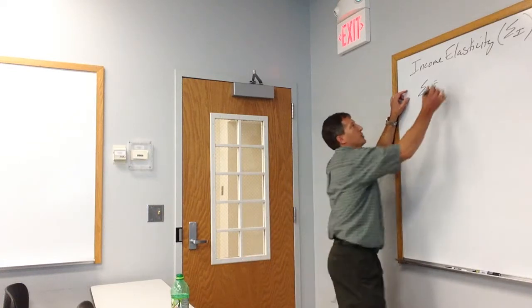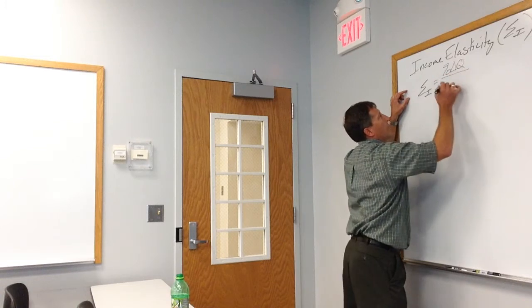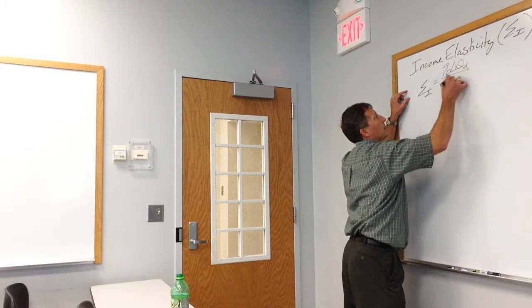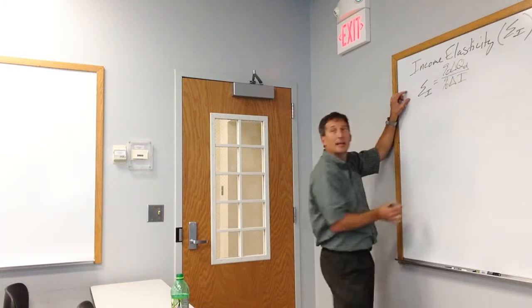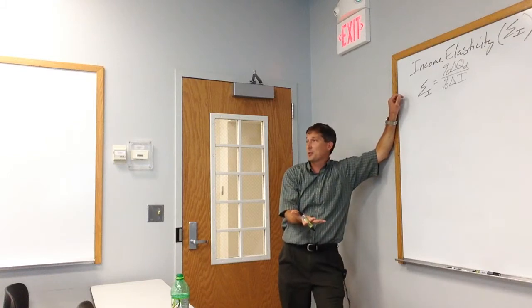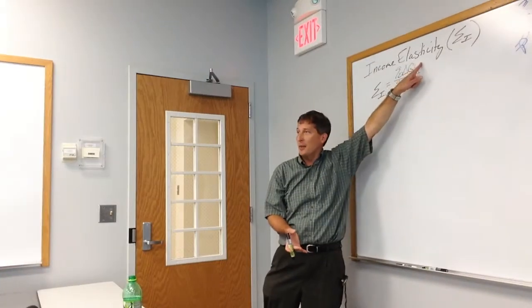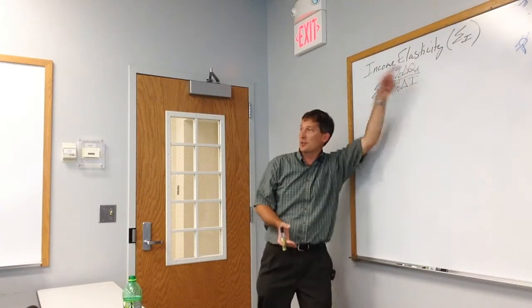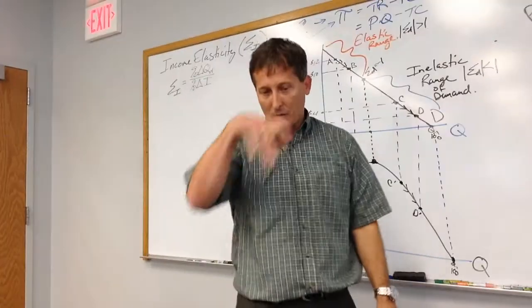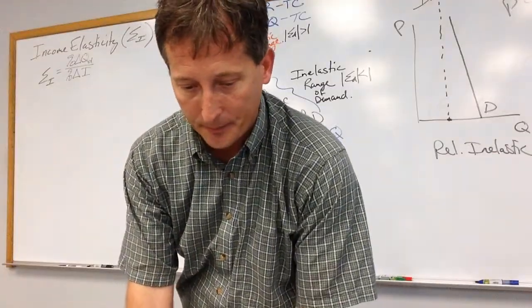It's the percentage change in quantity demanded that occurs from a percentage change in your income. So if I get a 5% pay raise, how much more Budweiser do I buy? That number is going to capture my responsiveness to income changes and the purchases I make.